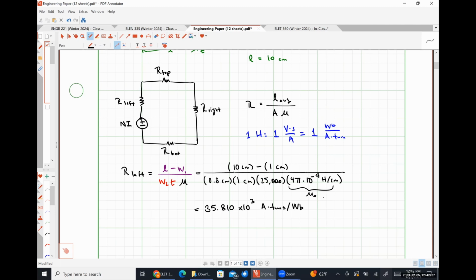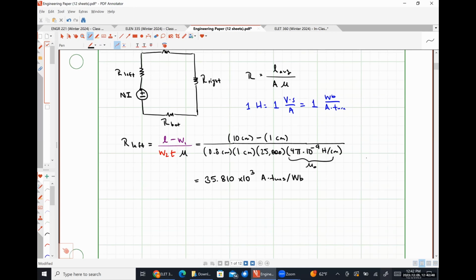All right, so I walked you through that calculation. Let me ask you guys a question. What should the reluctance of the right hand leg be? The exact same thing, because it has the exact same geometric structure, right?